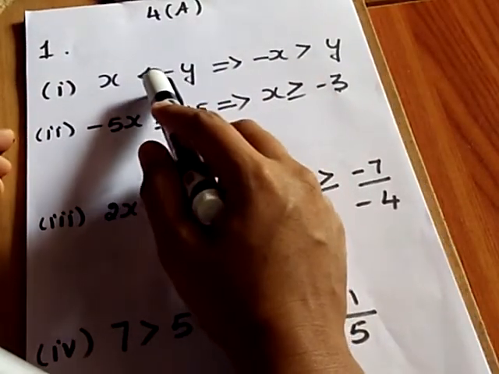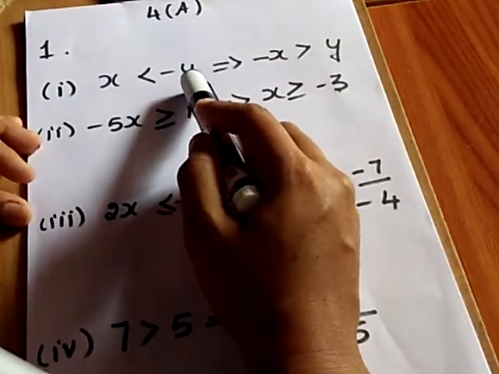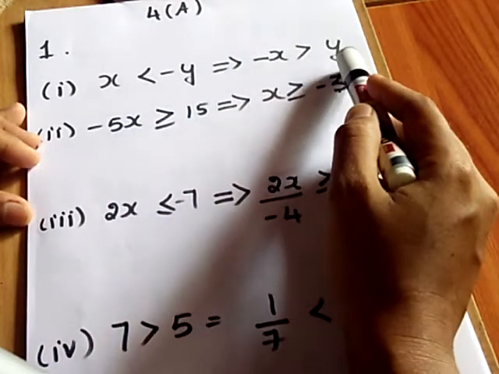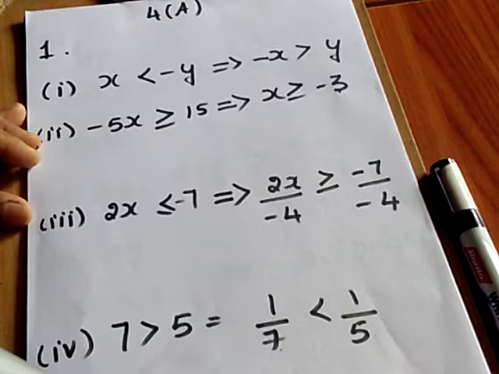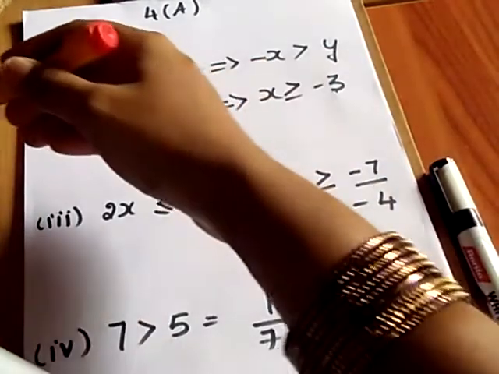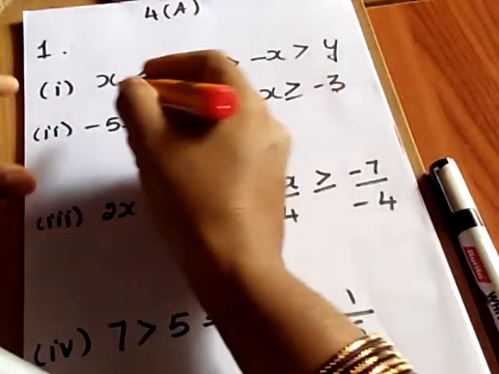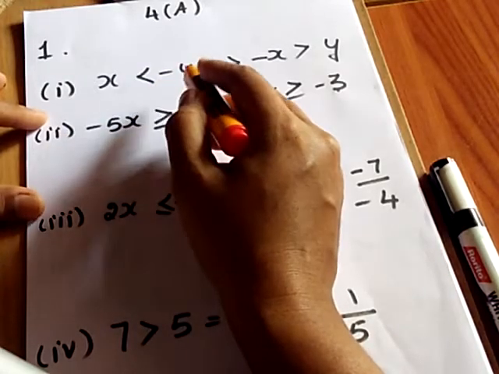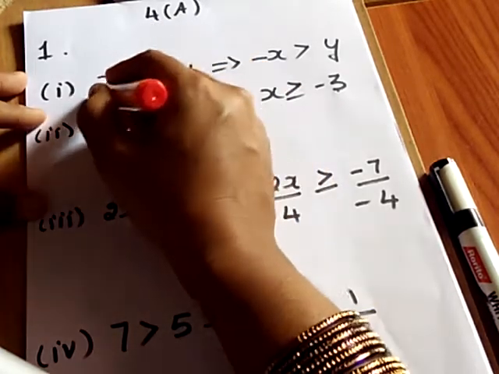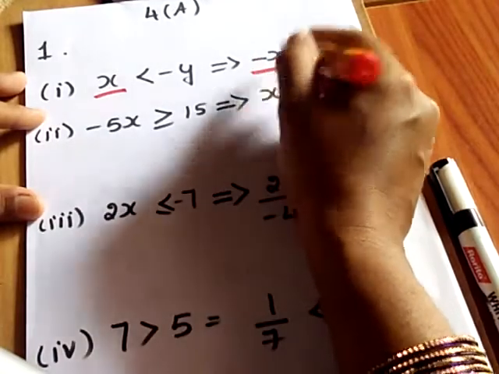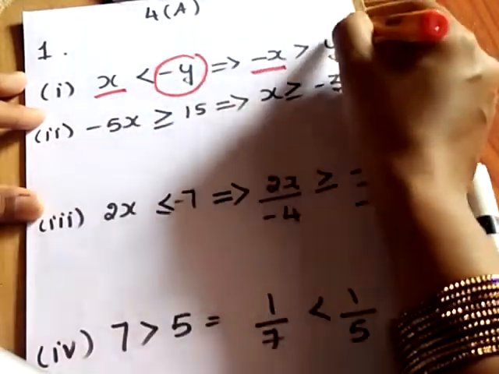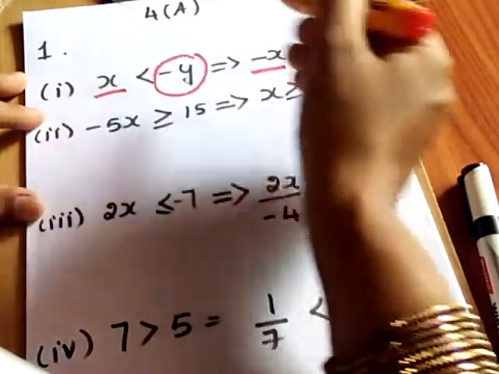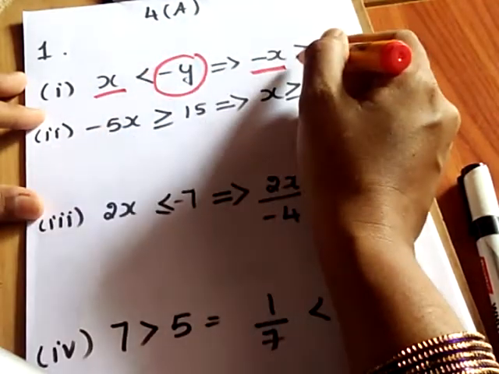x less than minus y is equal to minus x greater than y. Here, first let us understand what changes have been made. The first inequation is x less than minus y, and x has been changed to minus x and minus y has been changed to plus y, and there is a reversal of the inequation sign.